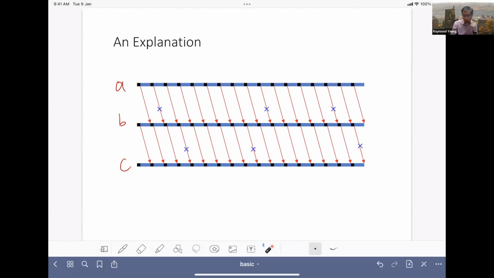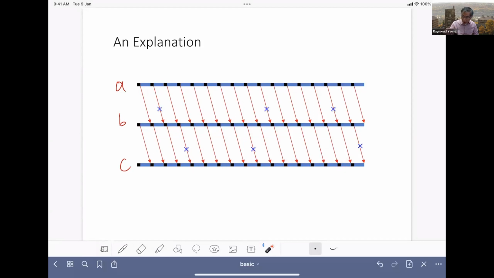However, it's not clear that we can actually press water down from A to C at rate equal to 0.9. It turns out to be true because of the existence of these thick pipes. So imagine that you press water down from here at rate 0.9, and then the water travels horizontally through these thick pipes, and eventually they will find their way down to level C.